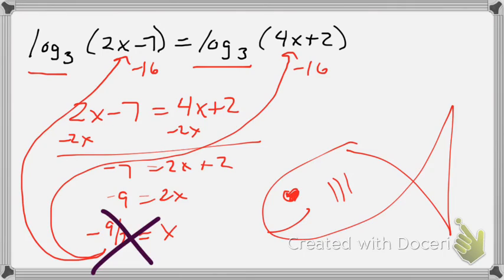Which means it's a guppy. You cannot take the log of a negative number. If you need to be reminded of that, just try it again on your calculator. And it won't work again. You have to check your answer to make sure that you're taking the log of a positive number. Because when we solved for it, we weren't dealing with logs.